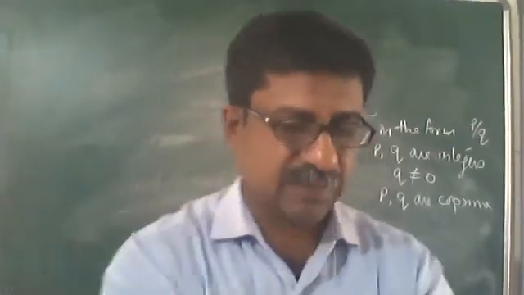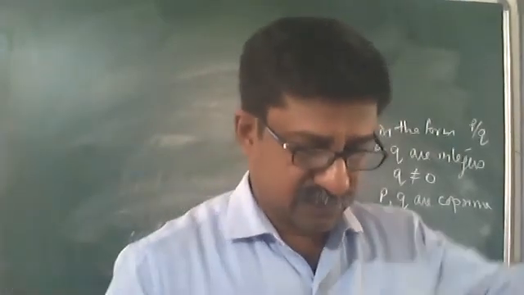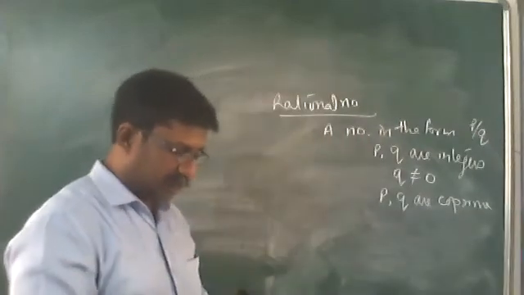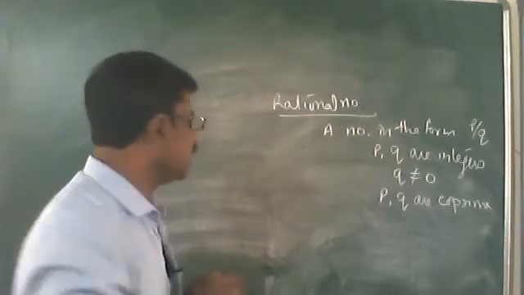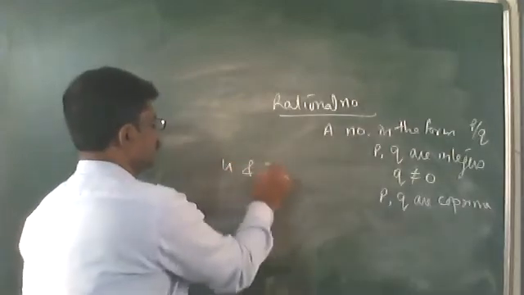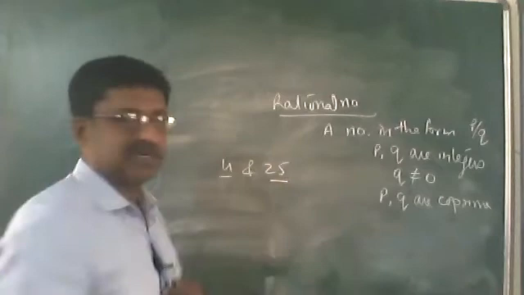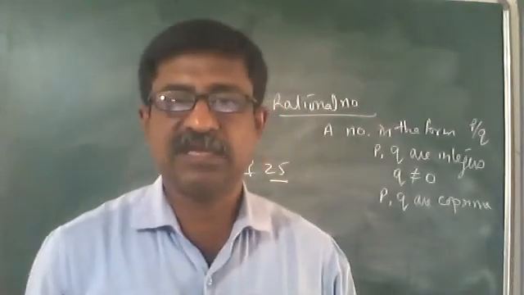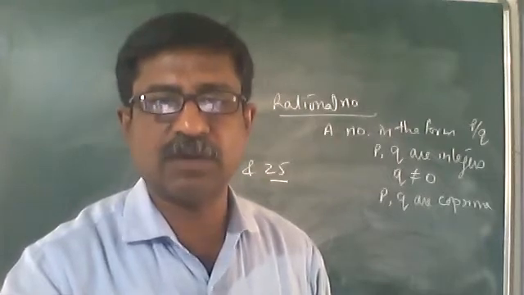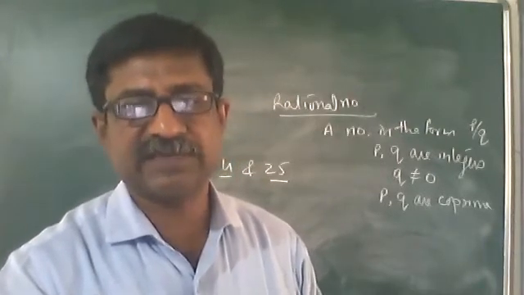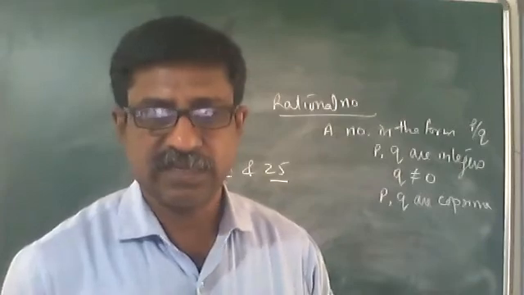Let us take an example, 4 and 25. One number is 4, the other is 25. What are these numbers? They are not prime, but they are co-prime. Nothing is common in them except 1. Clear?